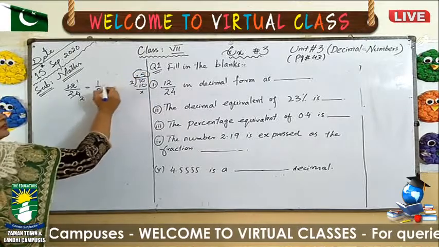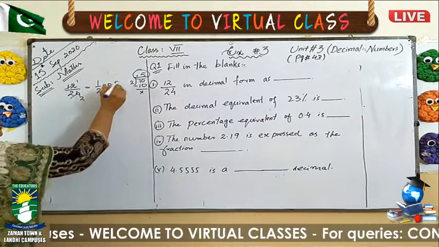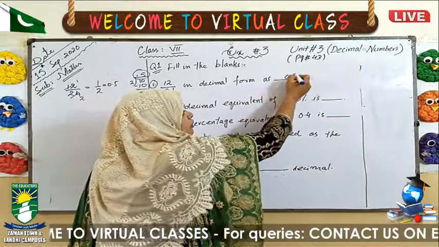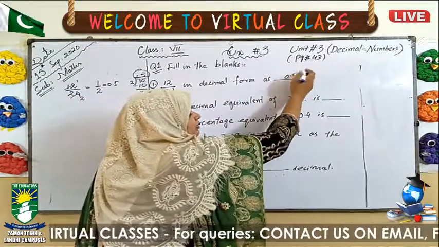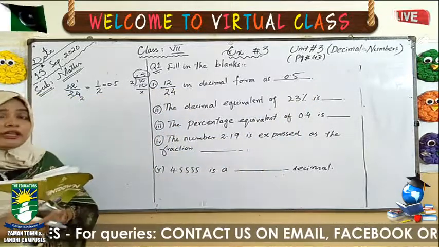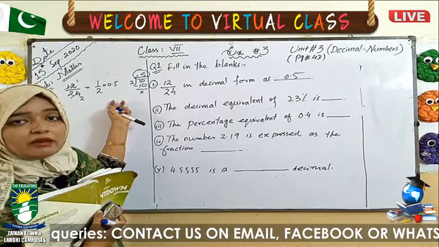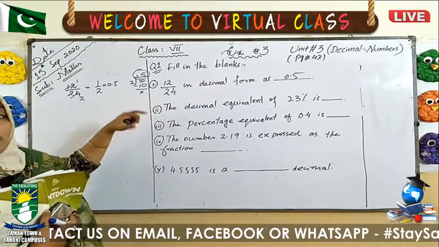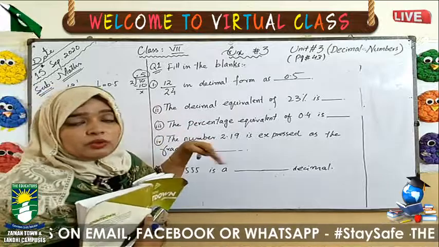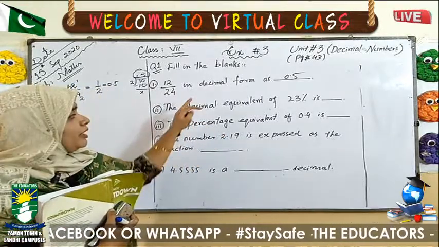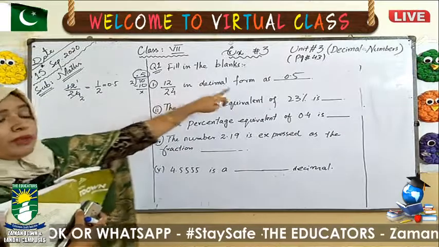So your answer will be 0.5. In your first blank, your answer will be 0.5. Keep in mind, there are many methods to represent a fraction as a decimal. Another method is to change your denominator into a power of 10. But I am solving my blanks with the direct division method.